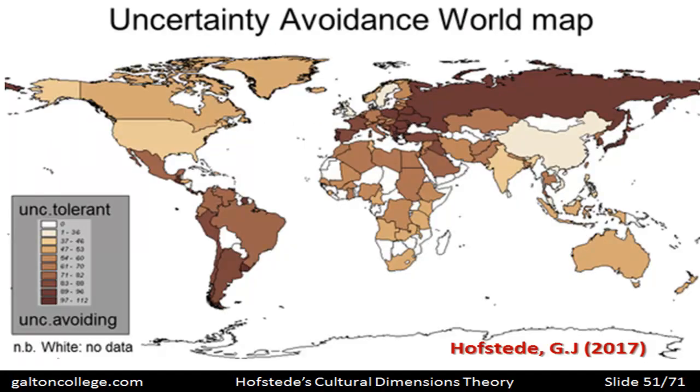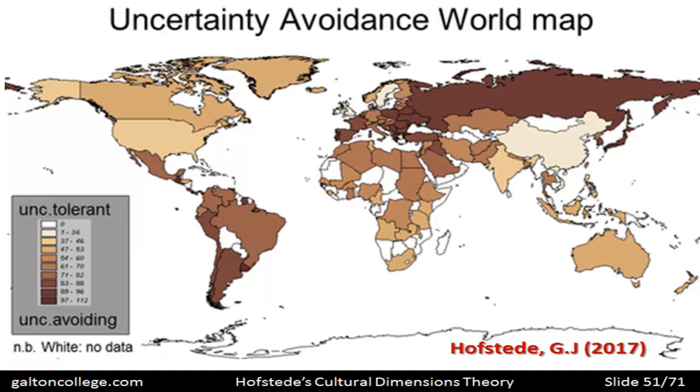The map suggested by Hofstede looks something like this. Tolerance are the lighter colours, and the more controlling would be the darker colours. There are some surprises on the map.